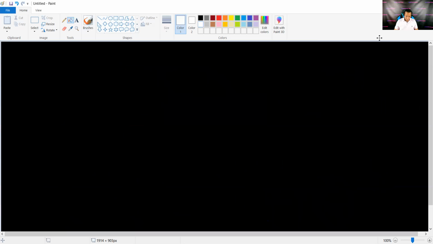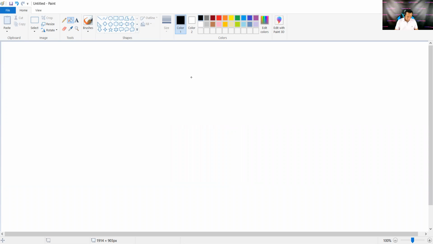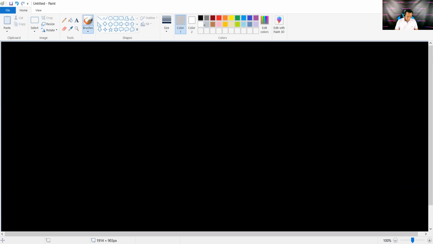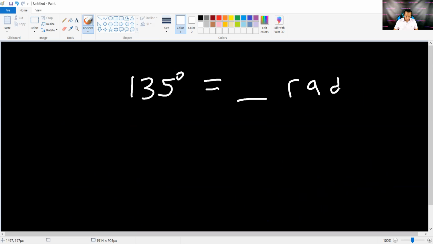Suppose that I have 135 degrees. How much is that in radians? What goes in the blank? Well, your first step is to always start at the reference point. So I have 180 degrees equals blank.